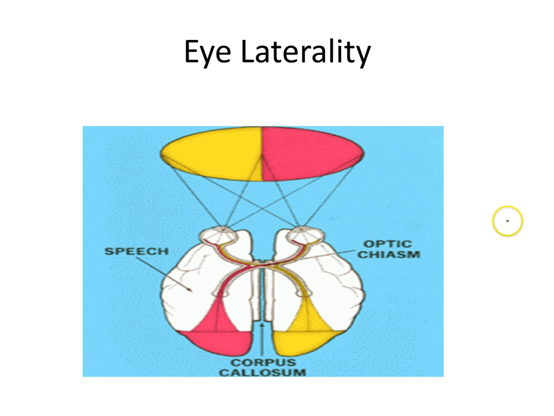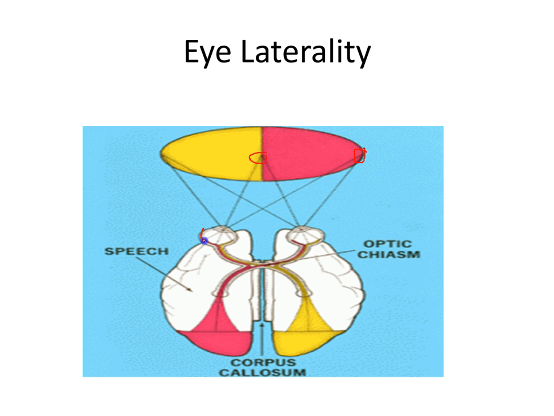The other thing that's important to note is that we have laterality in the eye. You can see from this picture that we have input from this point and from this point, and all of those get sent to both sides of the brain.